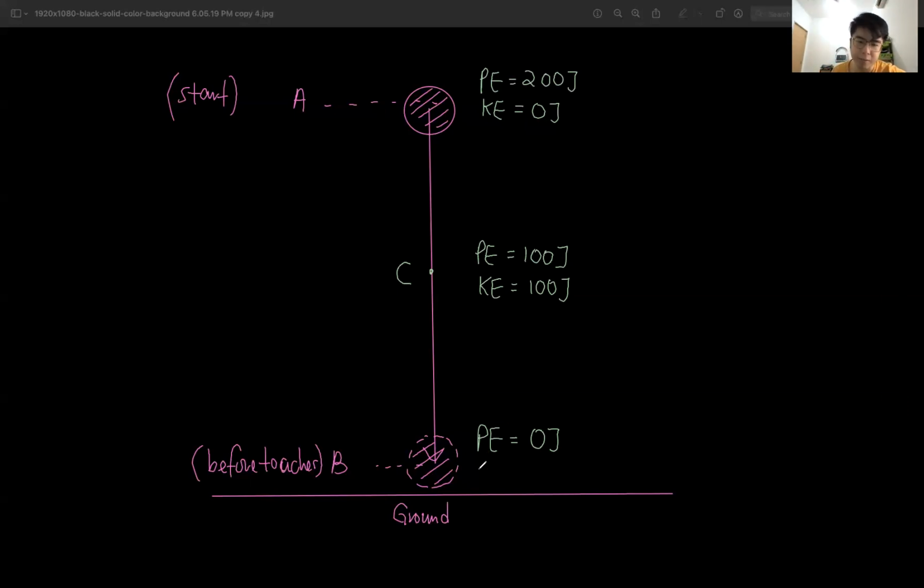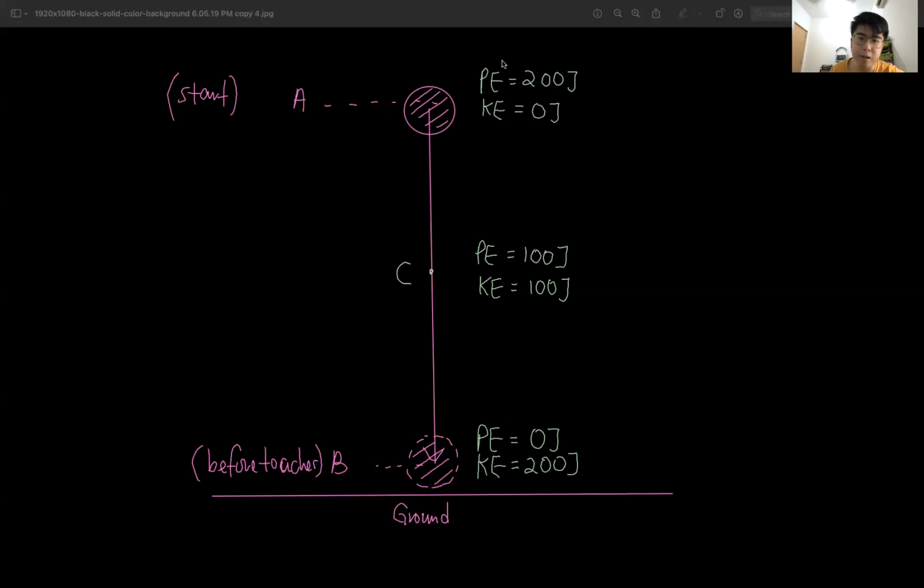What about the KE? If the PE is 0, then the KE would be at the maximum because it has fallen from up there, down there. At the bottom, point B, the speed will be the largest. So KE is maximum how much? This one is 200.